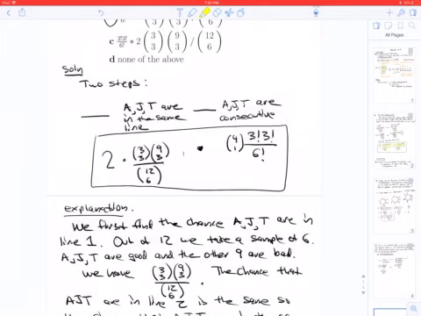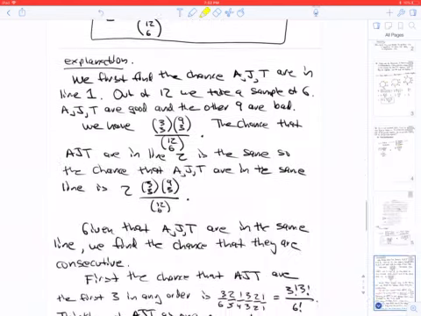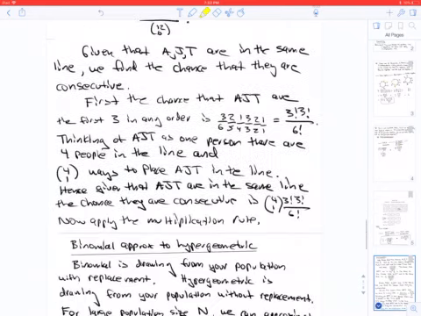Not necessarily in that order, the order of them doesn't matter, so it could be Jess, Adam, Tom. So that'll give me 3 factorial, 3 factorial over 6 factorial, and then there's no reason to assume that they're first in the line, so I'm going to glue them together so that now my line has 4 people in it, and 4 choose 1 is what I want to multiply by. Multiply that together, and we're good to go.